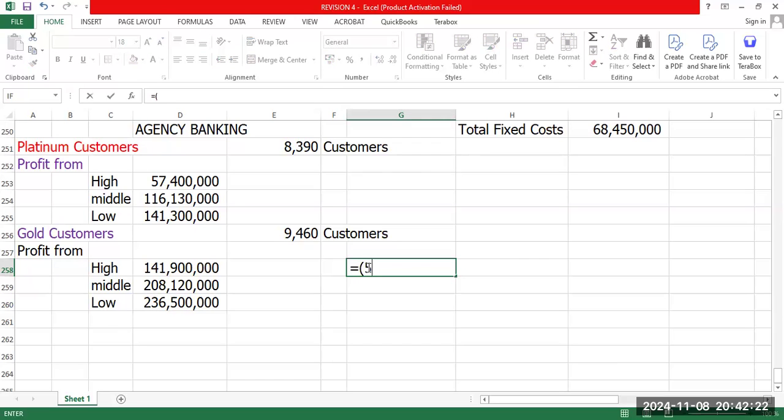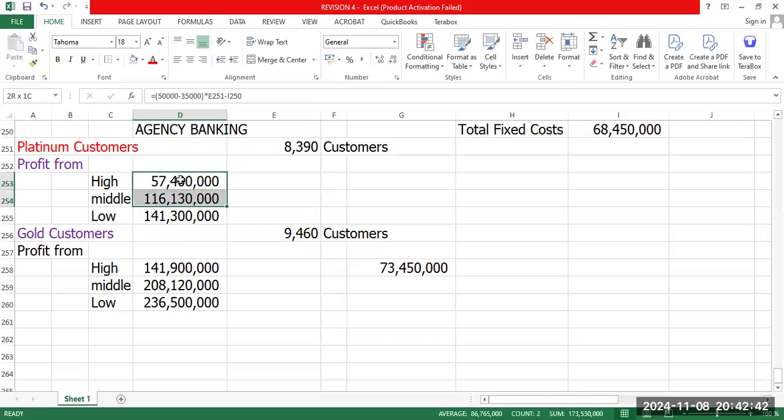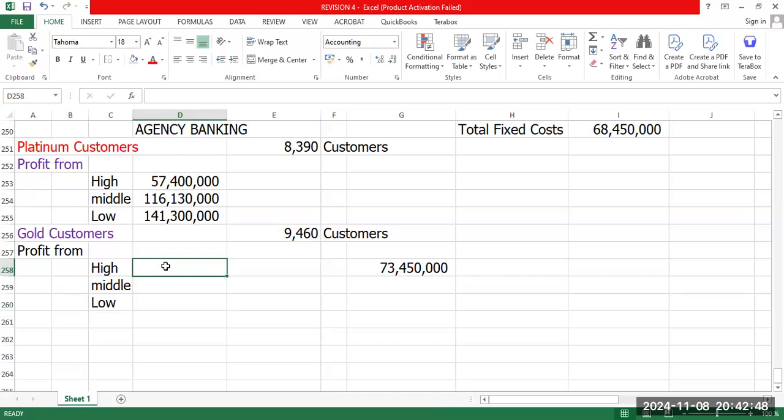This is 50 minus the variable cost 35, times number of customers minus fixed costs. What is the problem? What about these ones? Are they correct? Yes.